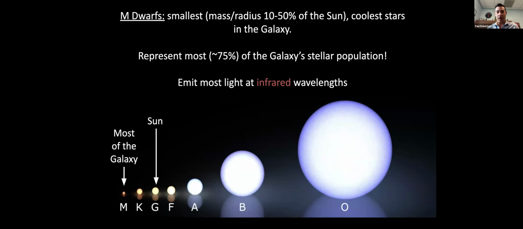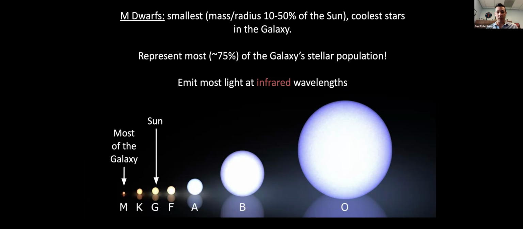We see graphics like this that show the stellar sequence and the actual space on the slide is dominated by stars like the sun and hotter, but the vast majority of the galaxy's stellar population, and in fact, the stellar population of the solar neighborhood, are dominated by these small, cool M dwarfs.